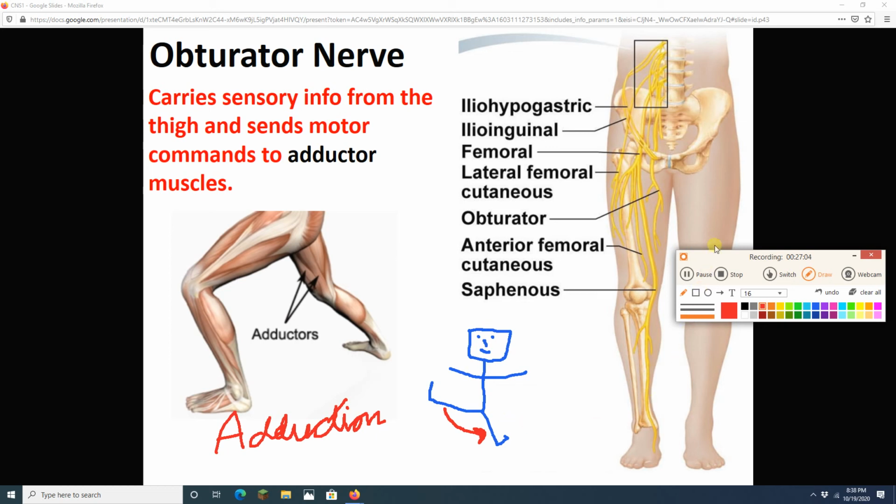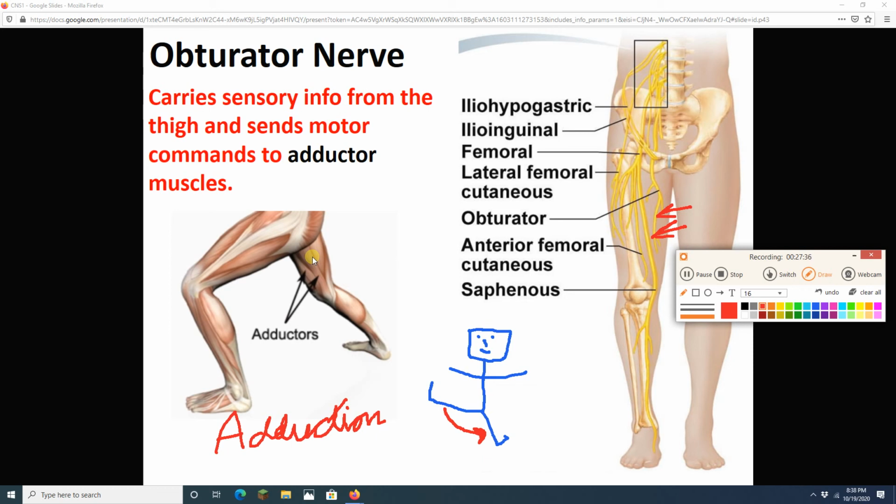And our adductor muscles are on the inside of our thigh, because we're bringing our thighs in. Muscles are where the motion is. So this obturator nerve goes to the medial thigh. The medial thigh muscles will move the thigh medially. That's adduction. So these muscles are adductors. They're adducting your hips.